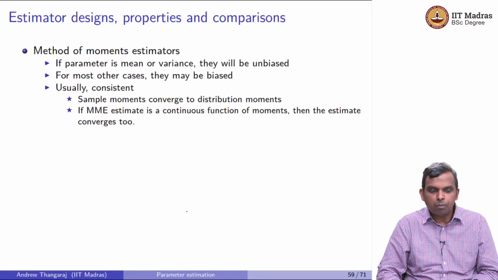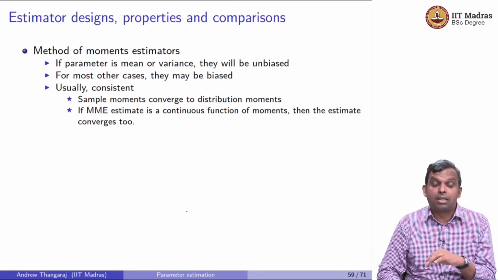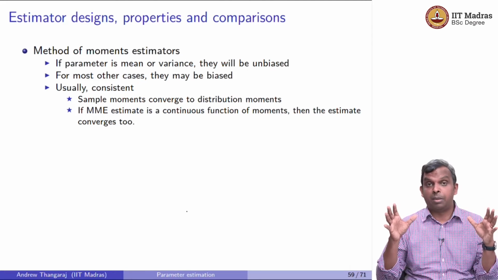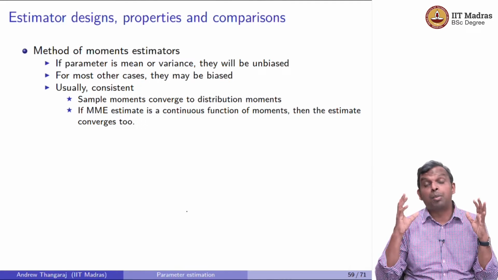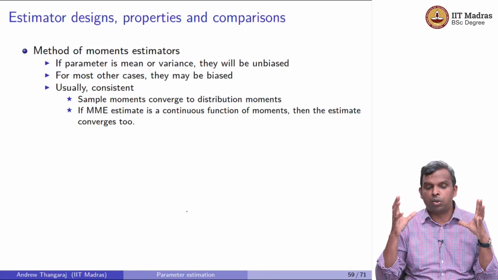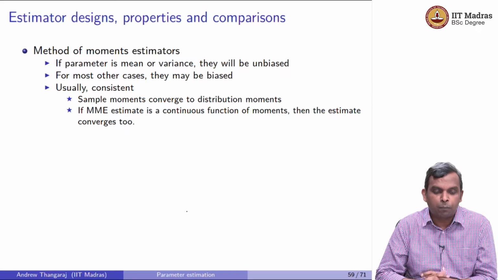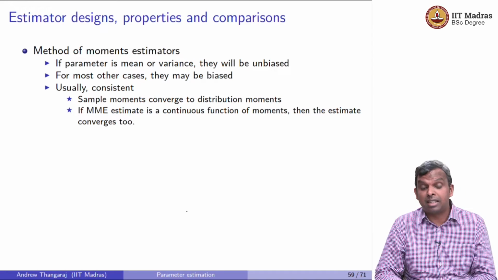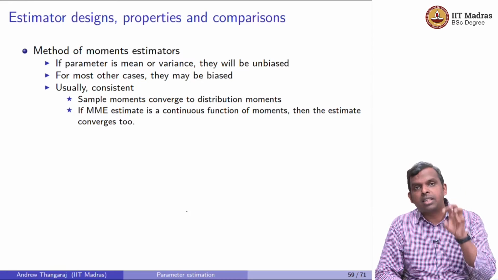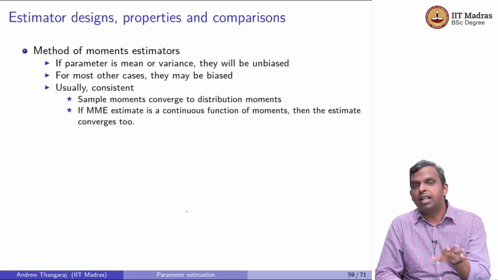Here is a general result on method of moments estimators and also on maximum likelihood estimators. Here are some general properties you can prove. We won't prove any of this in this class, but at least knowing it will be good. Usually, if you take method of moments estimators, and the quantity you are estimating is already a moment, then you will have unbiased behavior. If you are estimating the mean, the method of moments gives you an unbiased estimator.